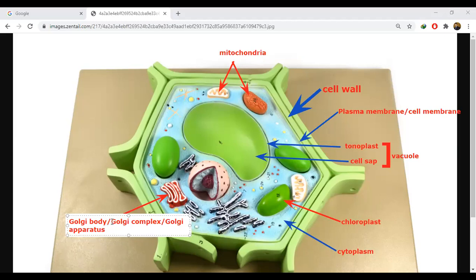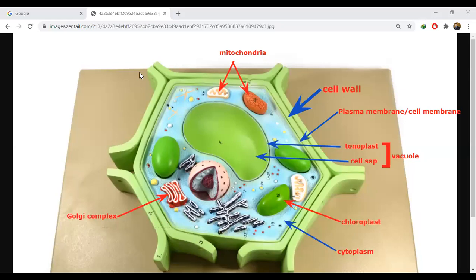So no need for other words there. Golgi complex. Good.